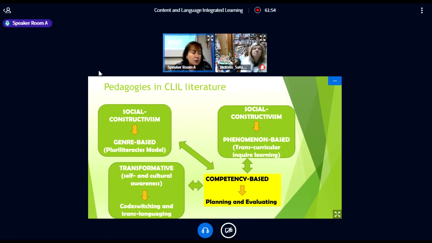Strategies such as code-switching and translanguaging adopted by CLIL derive from this pedagogy.